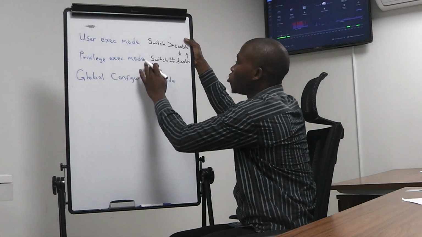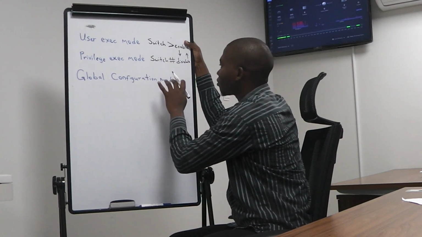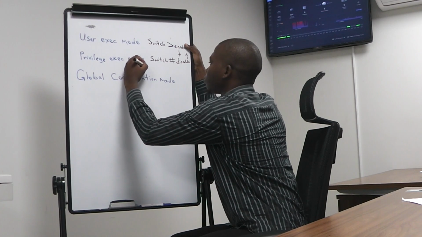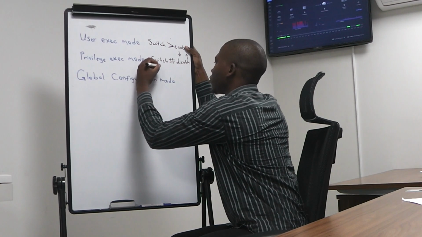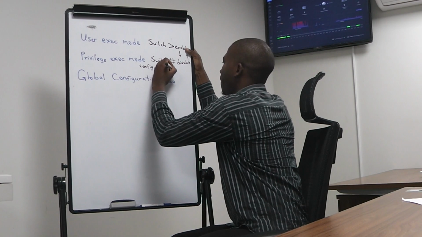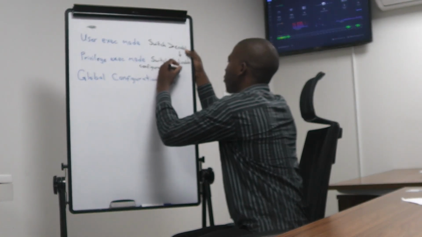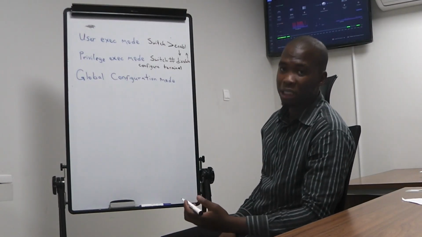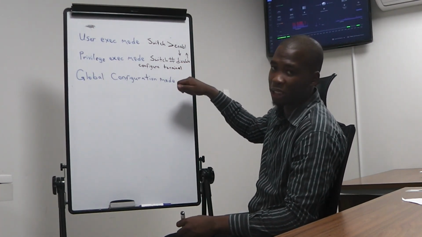Now, if you want to move from the privileged exec mode to the global configuration mode, then you type configure terminal. If you check some documentation, you will see config T. I will explain why you can put just config T and it will work.